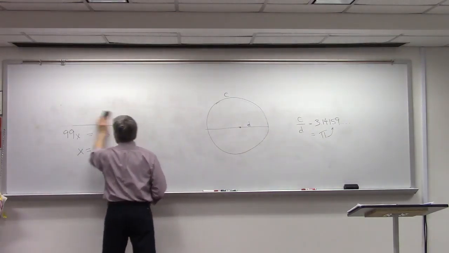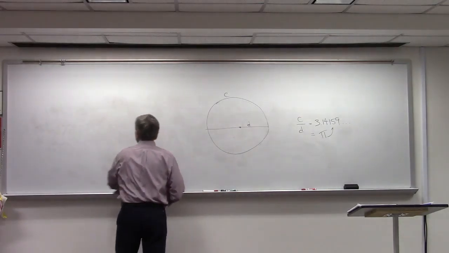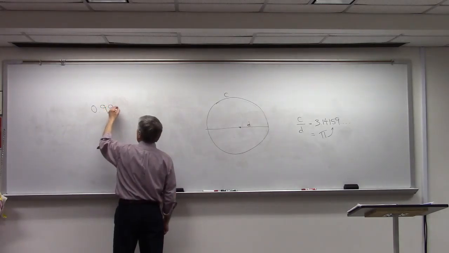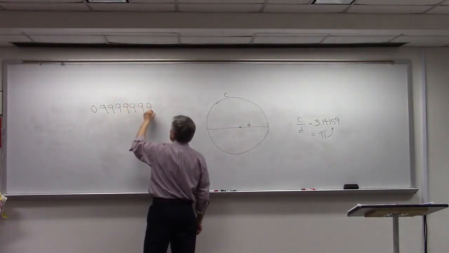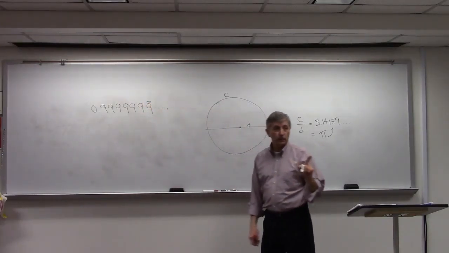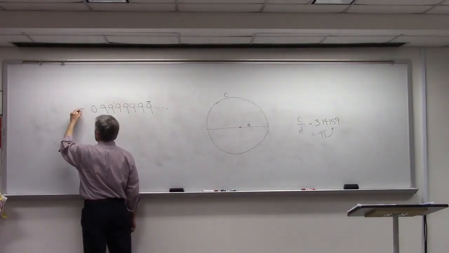And I can show, one more example, by the same technique that if I have the decimal point 99999 all the way out to infinity, I can show that that decimal is equal to 1. All right, so x equals that.